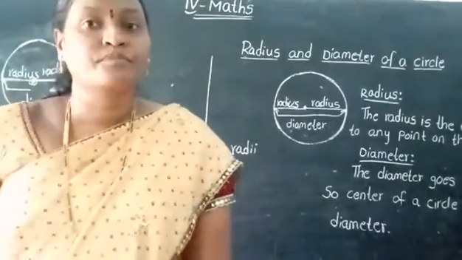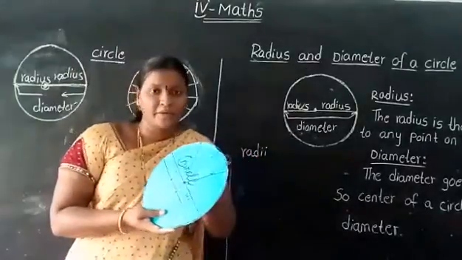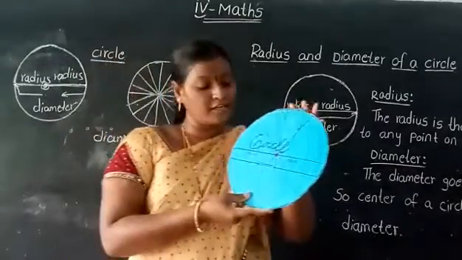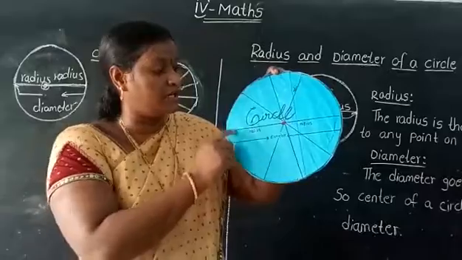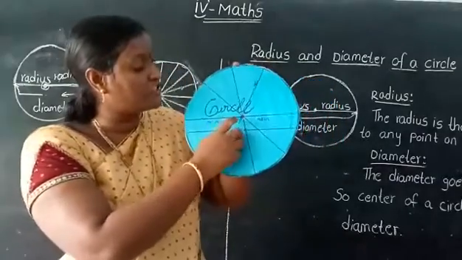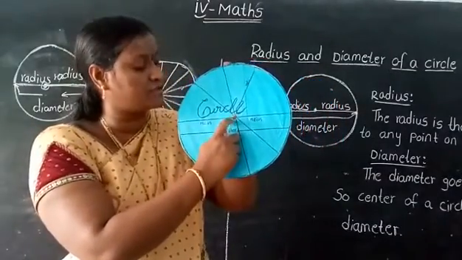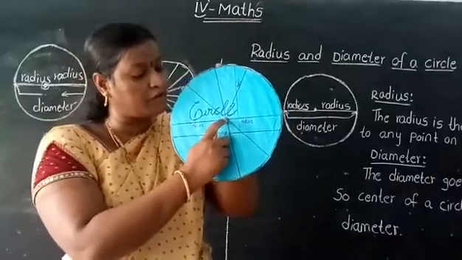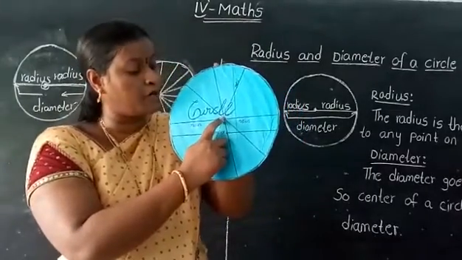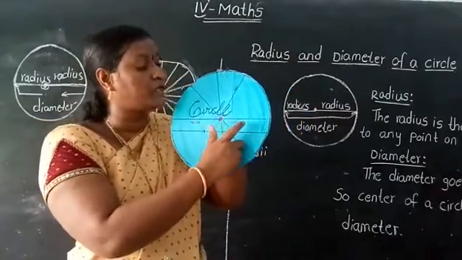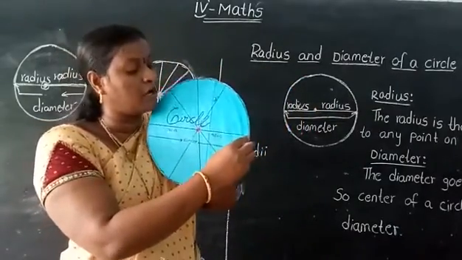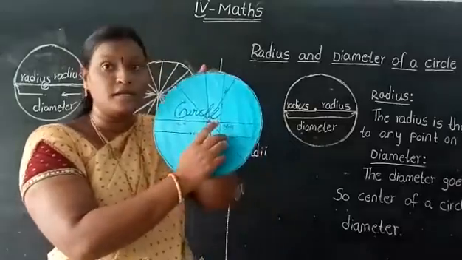See here, radius and diameter of a circle. Children, see here, this is a circle. See the circle and the distance from the middle point of the circle. What is this? Center point to the circle. The distance from the center point to any point on the circle is called radius.